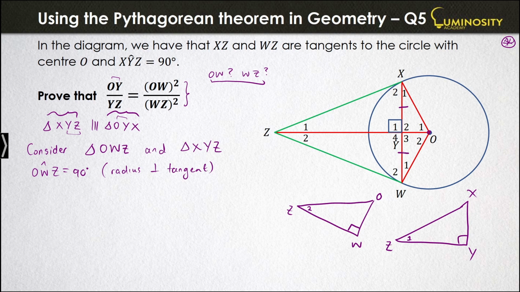We know by the tangent theorem at a point, these two side lengths are equal, and here we have a common third side equal to itself. So essentially what we've shown here is that three sides are equal in that order, so those two triangles are congruent to each other.